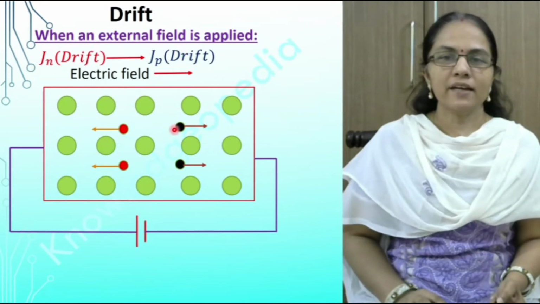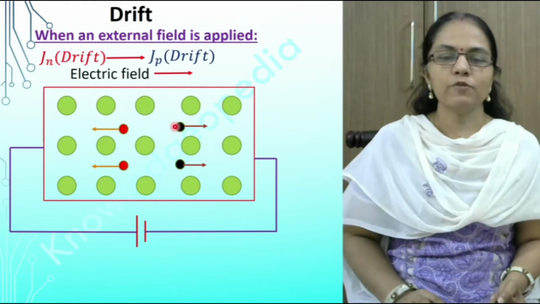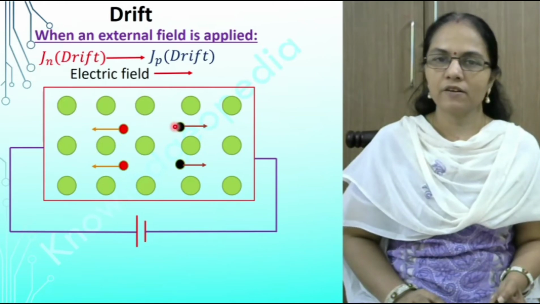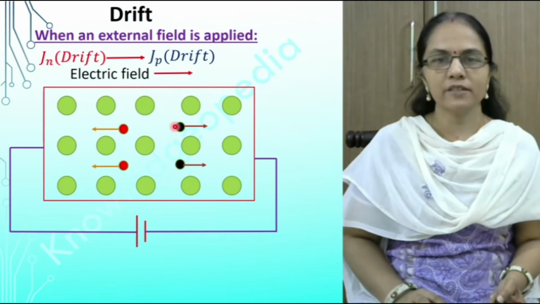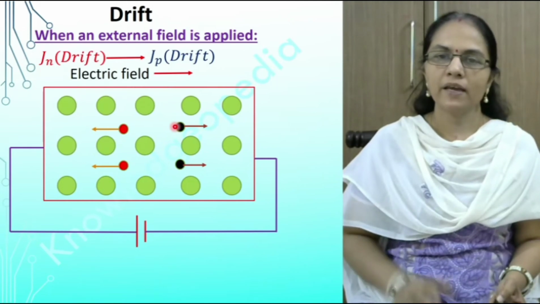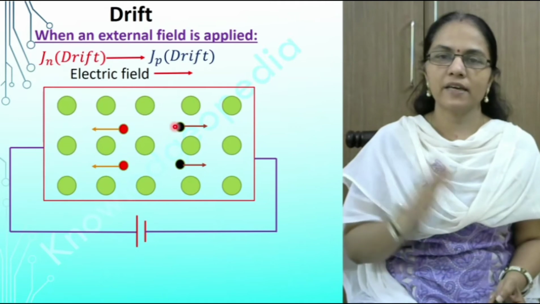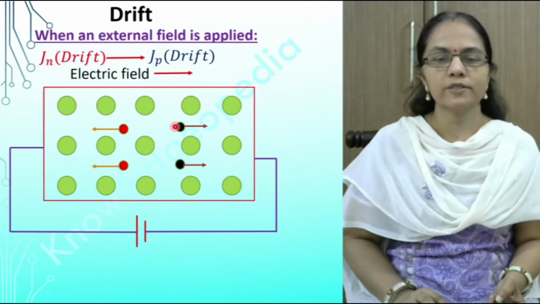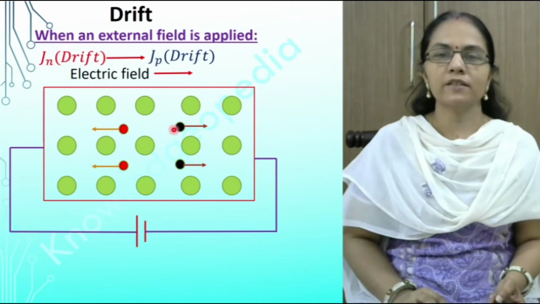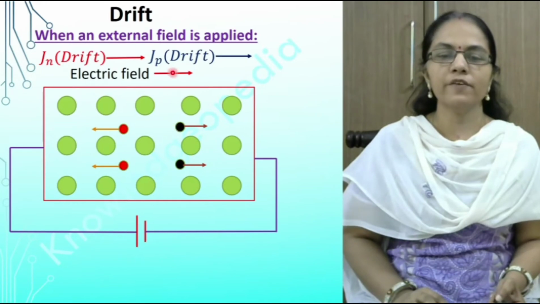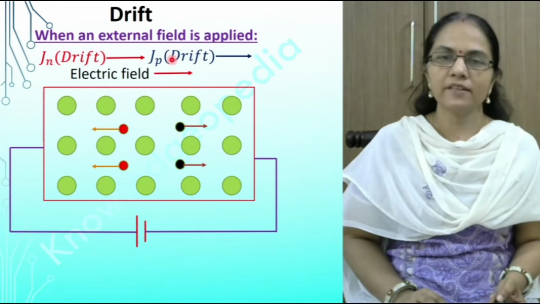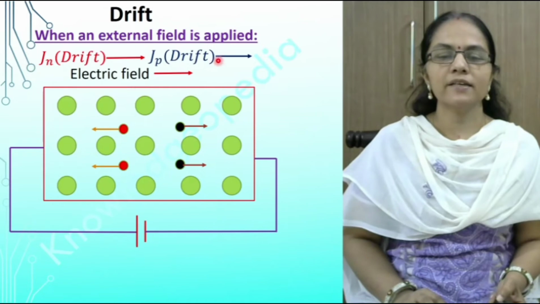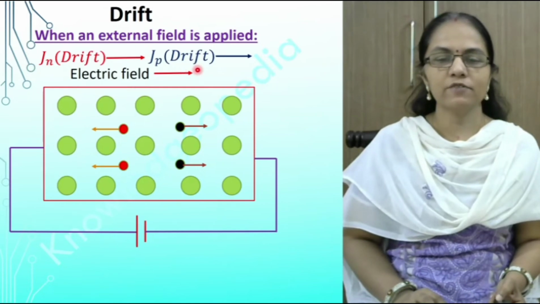We have seen that the holes are moving in the same direction as the electric field, and we all know that the direction of the current due to hole movement is in the same direction as the movement of holes. So if holes are moving in the direction of the electric field, obviously the drift current due to holes is along the direction of the electric field.